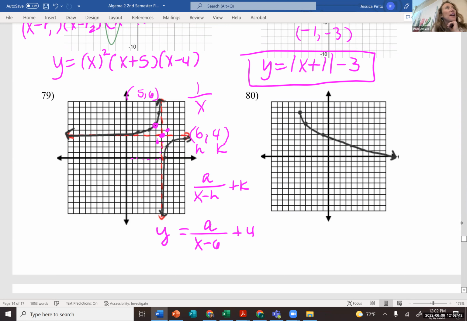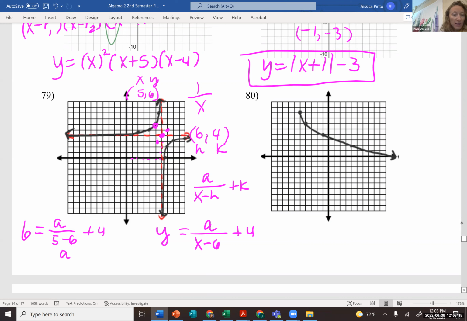So we've plugged in our h, k, and we have one other ordered pair. The ordered pair goes like this, x, y. So I'm going to replace the y value with the number 6 and the x value with the number 5. Let's do it. So the y is 6, a over, then x is going to be 5, 5 minus 6, plus 4. I will now be able to solve for a. 5 minus 6 is -1.